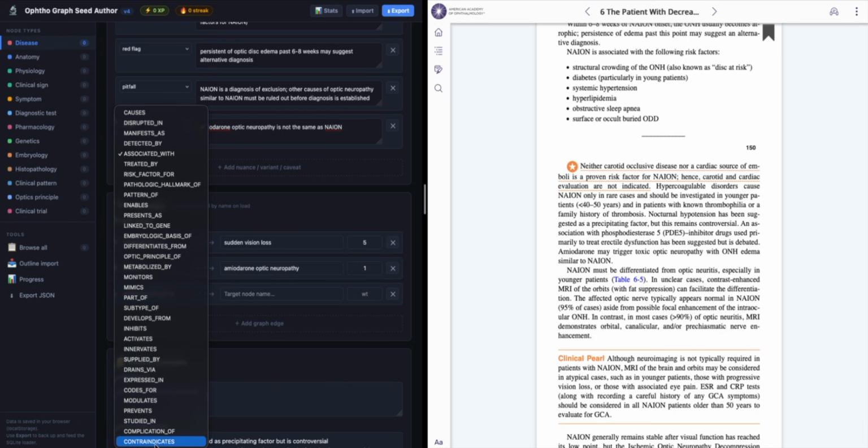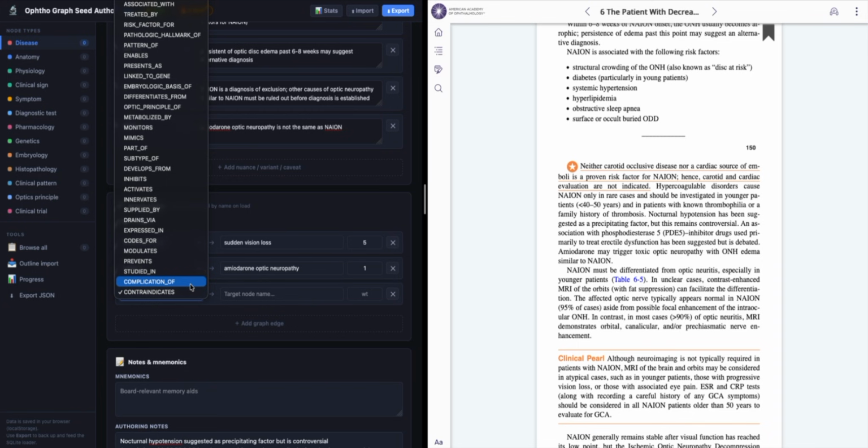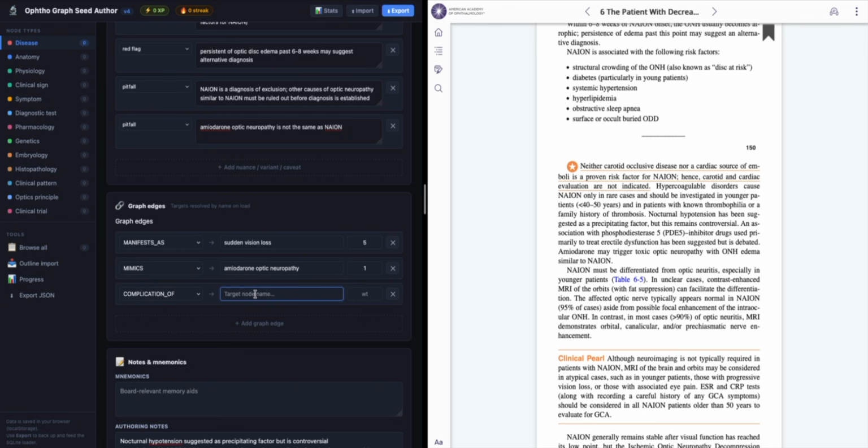But there's a whole bunch of different things. These are just the ones that AI came up with, right? So contraindicates, if you're saying, well, that might be a relative contraindication to cataract surgery. That might be something that some people might describe, but not necessarily. Complication of, same thing.